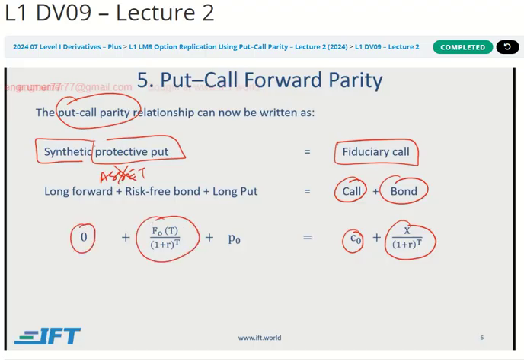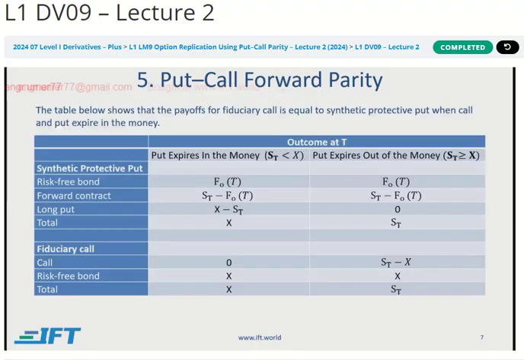Risk-free bond is the discounted value of the forward price, and a long put has the put option premium. This is what we call the put call forward parity, where it is the put call parity, but within the protective put side, we have replaced the asset with a long forward and a risk-free bond. Therefore, because of the long forward, this is called the put call forward parity.